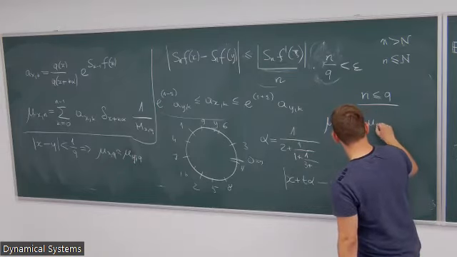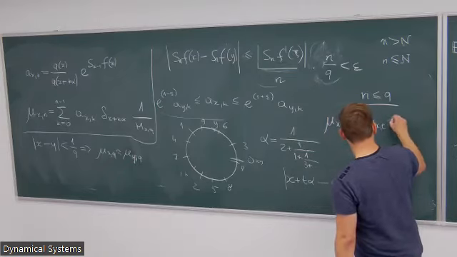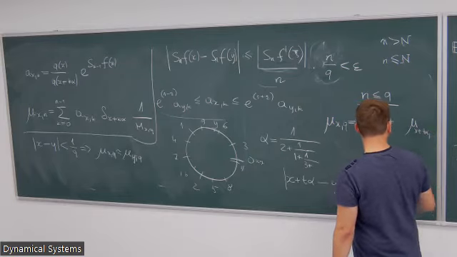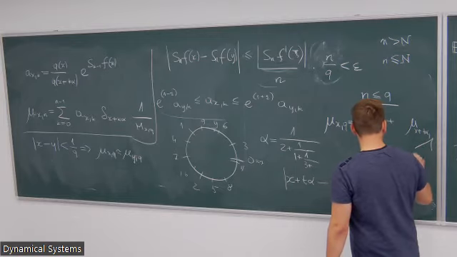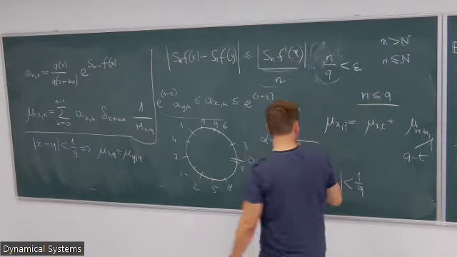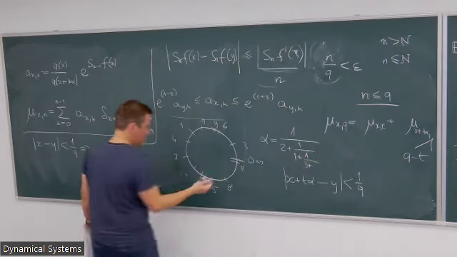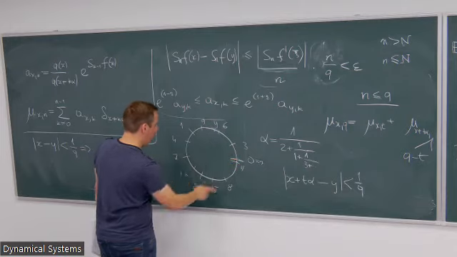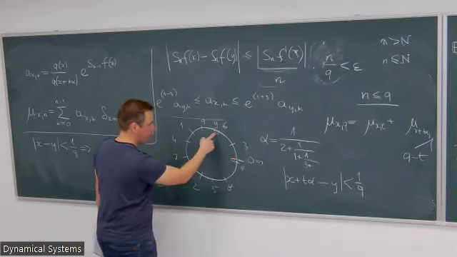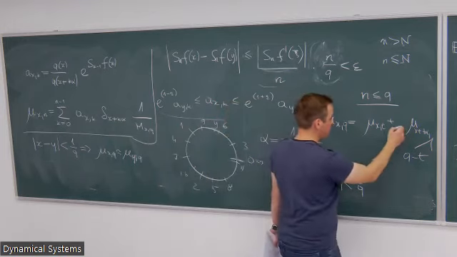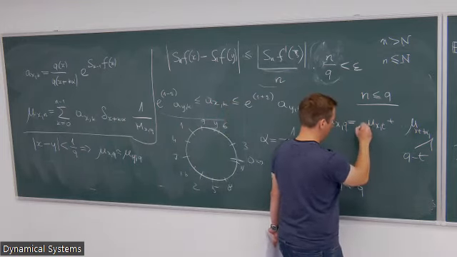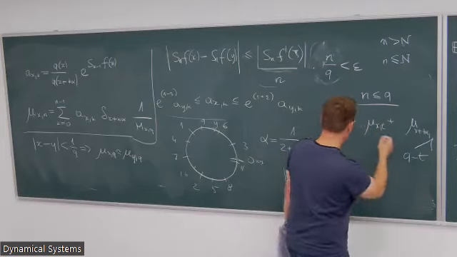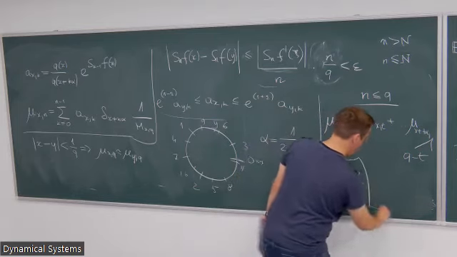One is m x t, and the second one is m x plus t alpha, and here is q minus t. So this measure is concentrated on the trajectory until we approach moment t, and that's the remaining part. And here I should write some formulas so that it's really a convex combination, but I'm not going to do this.